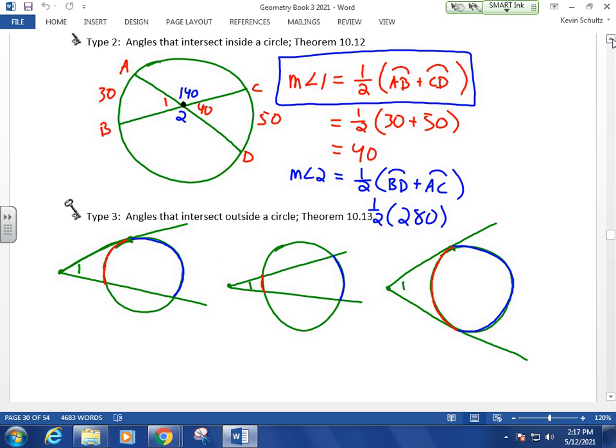And for all 3 situations, the measure of angle 1 is equal to 1/2 the difference of the big arc minus the small arc. Same for all of them. Okay? 1/2 the difference of the big arc minus the small arc.